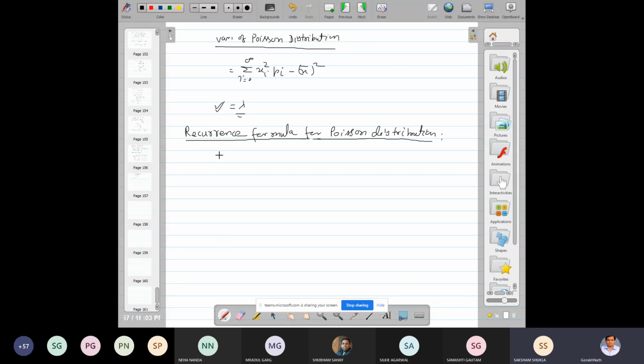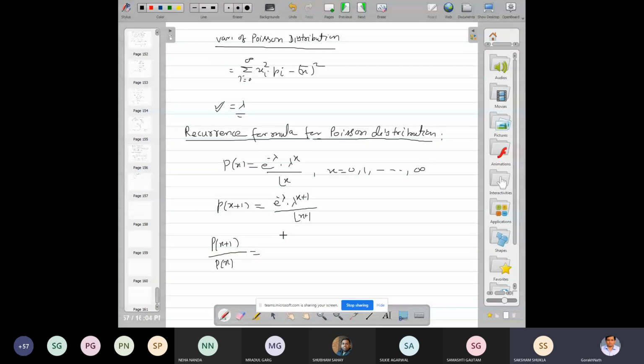So we know that Px is equal to e to power minus lambda, lambda to power x upon factorial x, x equal to 0, 1 to infinity. And then Px plus 1 can be written as e to power minus lambda, lambda to power x plus 1 upon factorial x plus 1. Dividing these two, P x plus 1 by Px.